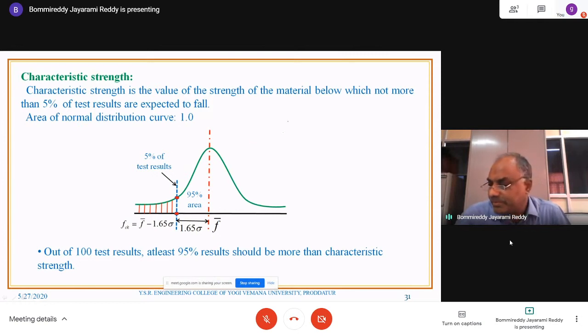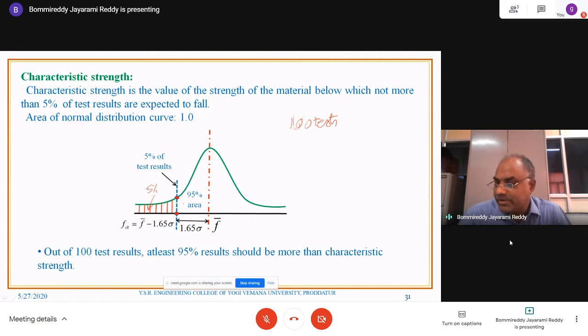For example, if you conduct exactly 100 compressive strength test results, only 5 results, this is 5%, only 5 results can be in the hatched area.